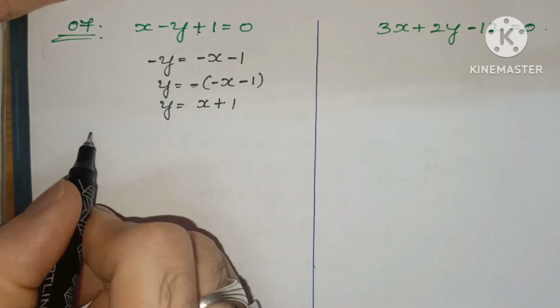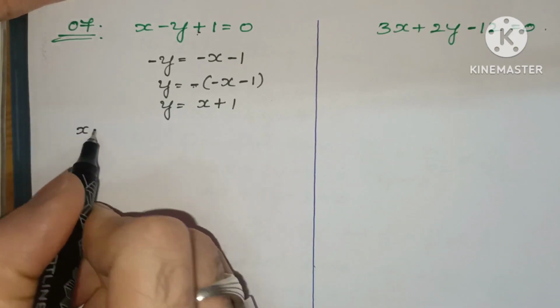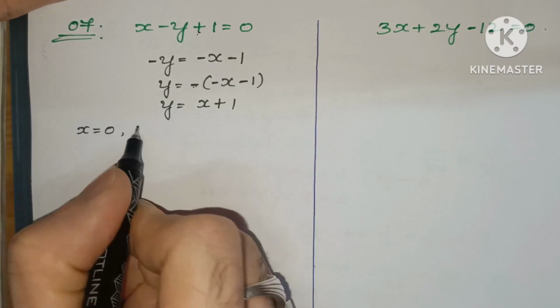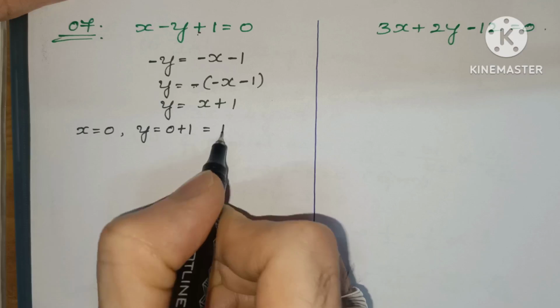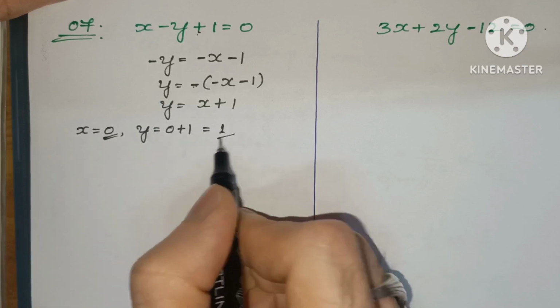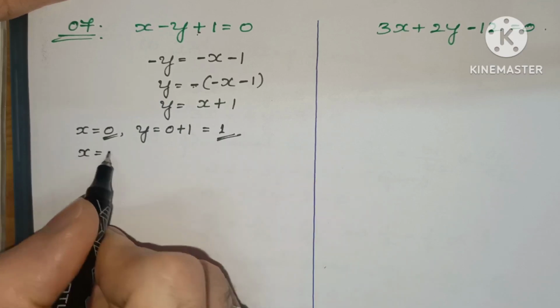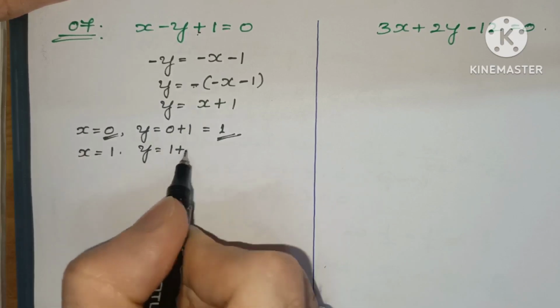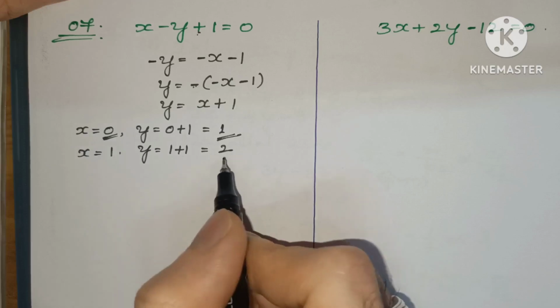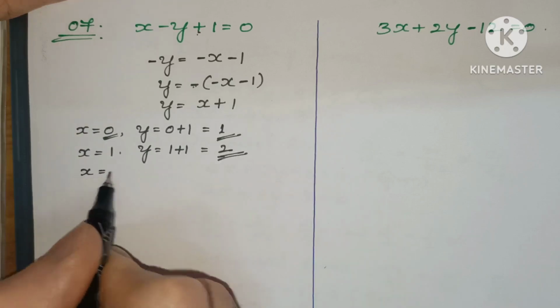Now let's put the values in order. Let's put x is equal to 0. Then y is equal to 0 plus 1, that is 1. If x is 0, then y is 1. Such like only x is equal to 1. Y is equal to 1 plus 1, that is equal to 2. Now x is equal to 3. Let's find 5 values.